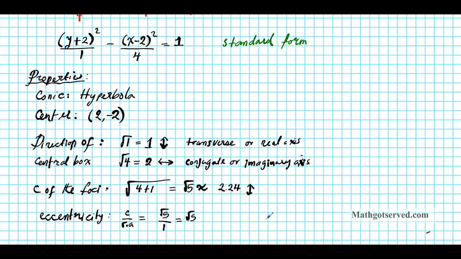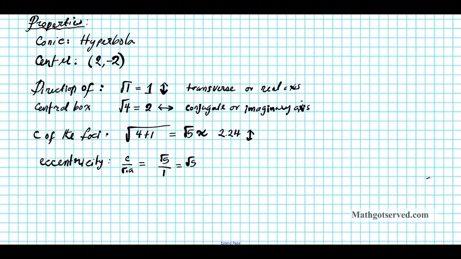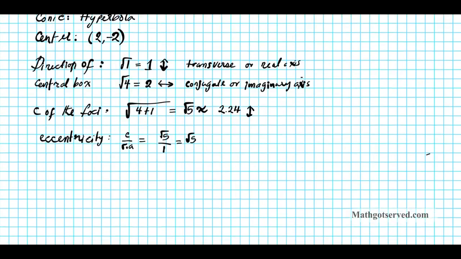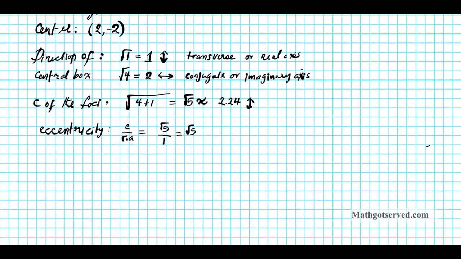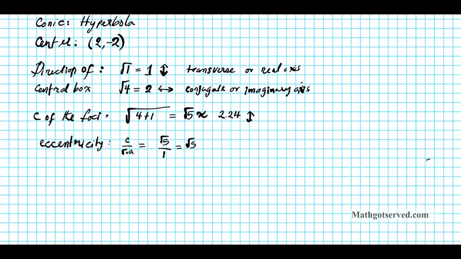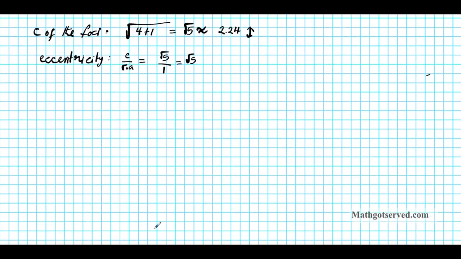All right, now let's go ahead and take a look at the graph. Let's graph the hyperbola. The center is (2, -2), so that's located in quadrant 4. We have to make our fourth quadrant sufficiently large to compensate for that shift.